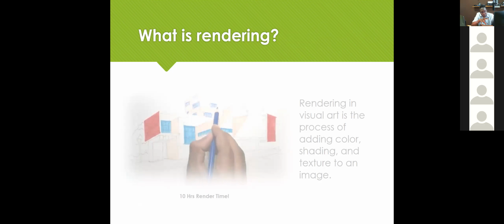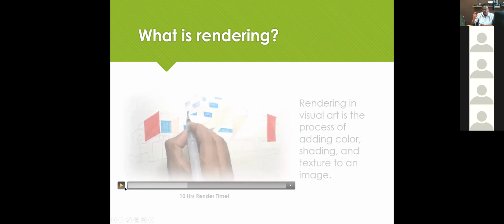Now, how the GPU thinks would be like, okay, everything that is a window will get blue. Everything that is a wall will get red. Everything that is angled 30 degrees and is a wall will get dark red.